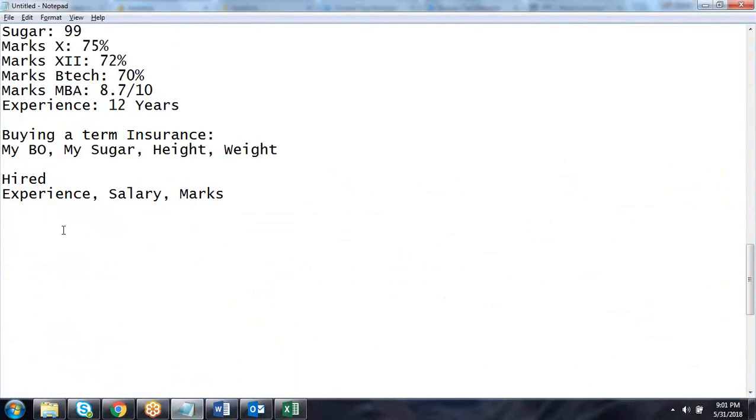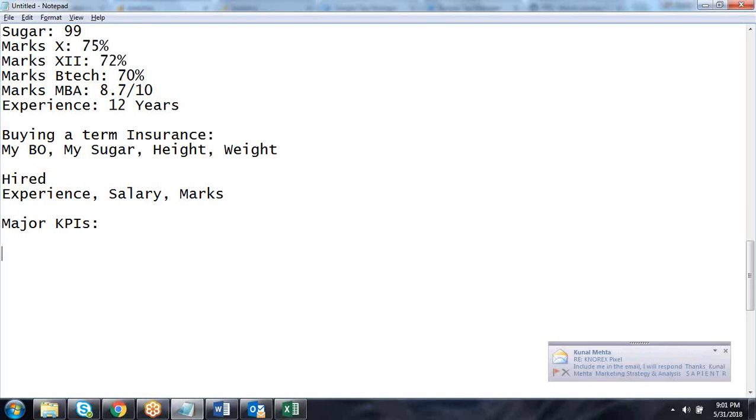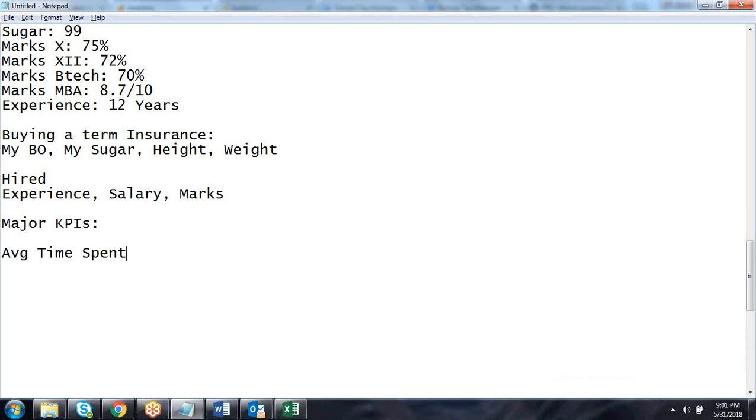See, the major KPIs that would be impacted would be average time spent. If you are really enjoying a website, if your experience is enhanced at a website, your average time spent would be more, right? Guys, yes, no, maybe.